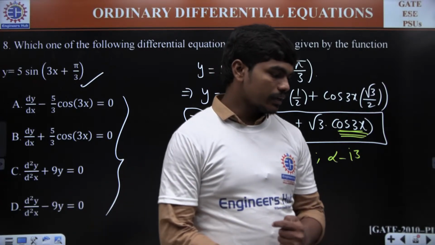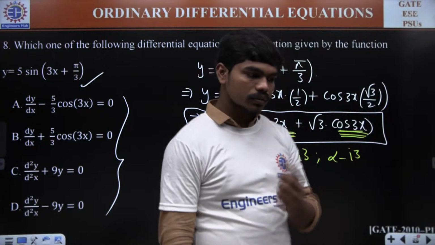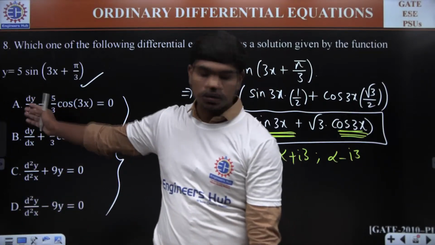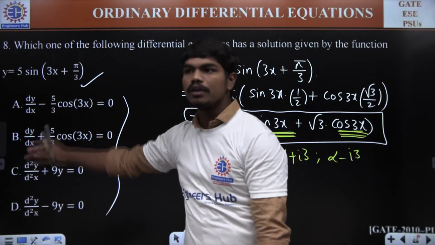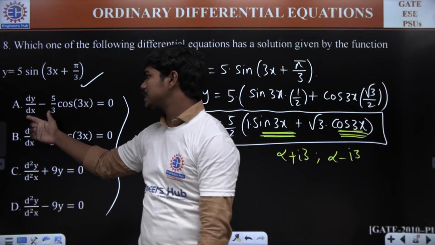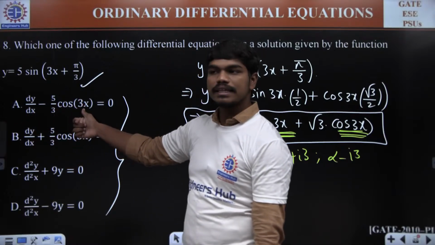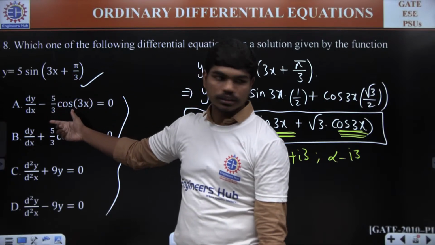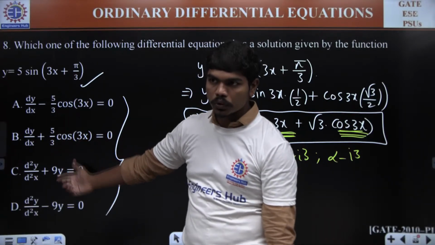I think your answer should be C. Did you understand? You can differentiate the given function once. What could be the dy by dx value? Definitely, this won't be your dy by dx. From this equation, dy by dx is equal to 15 times cos of 3x plus pi by 3. If you differentiate this once, you won't get 5 by 3 of cos 3x, and similarly you won't get this option either.